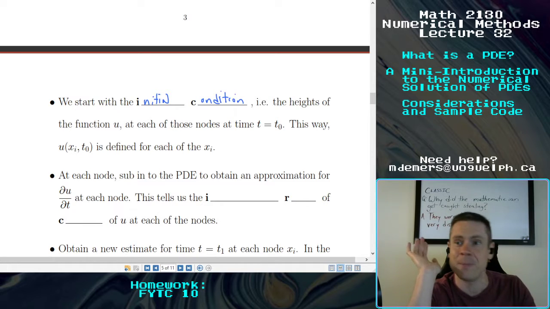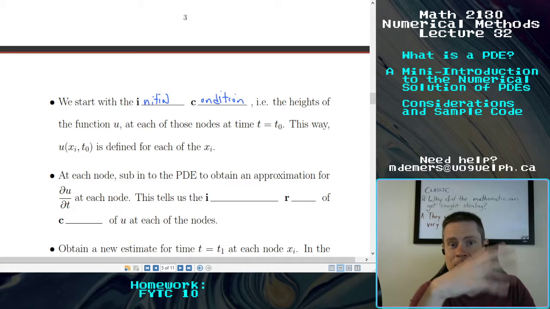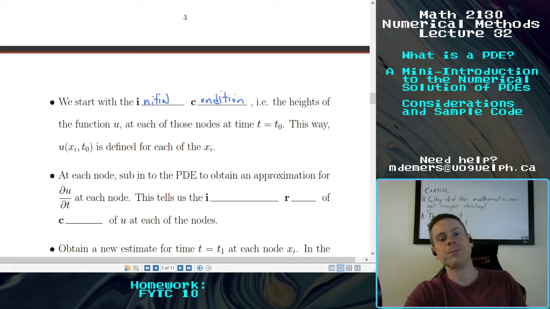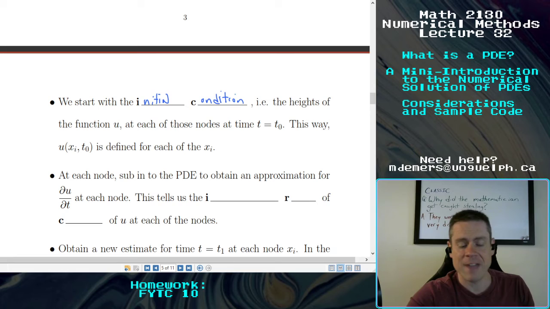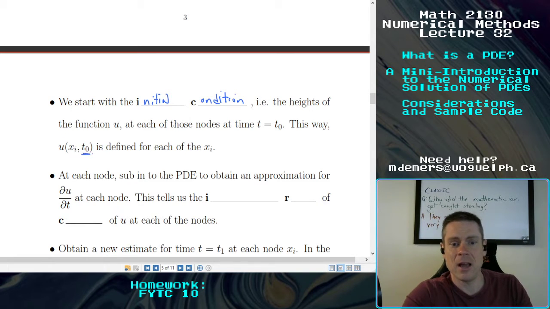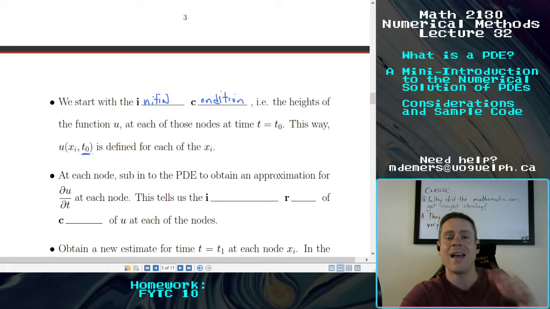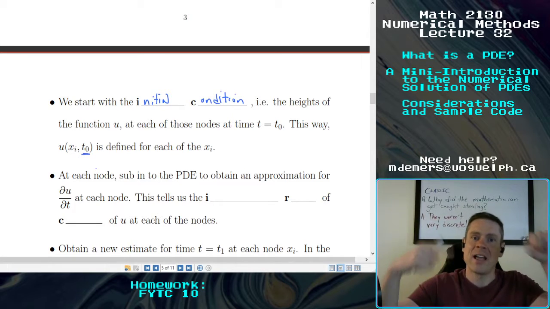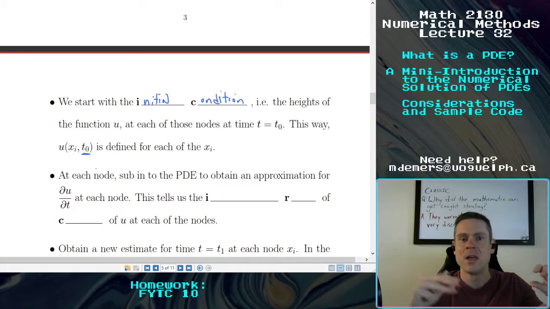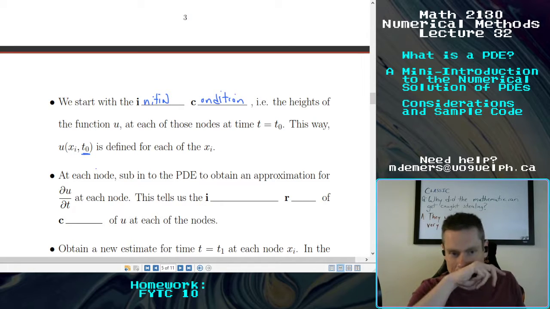It's going to describe the amount of pollution in the river, or whatever is being described by the PDE. Okay, so that way I've defined some u value at every single one of the nodes at t0, so I can start the evolution from some basis of some sort.